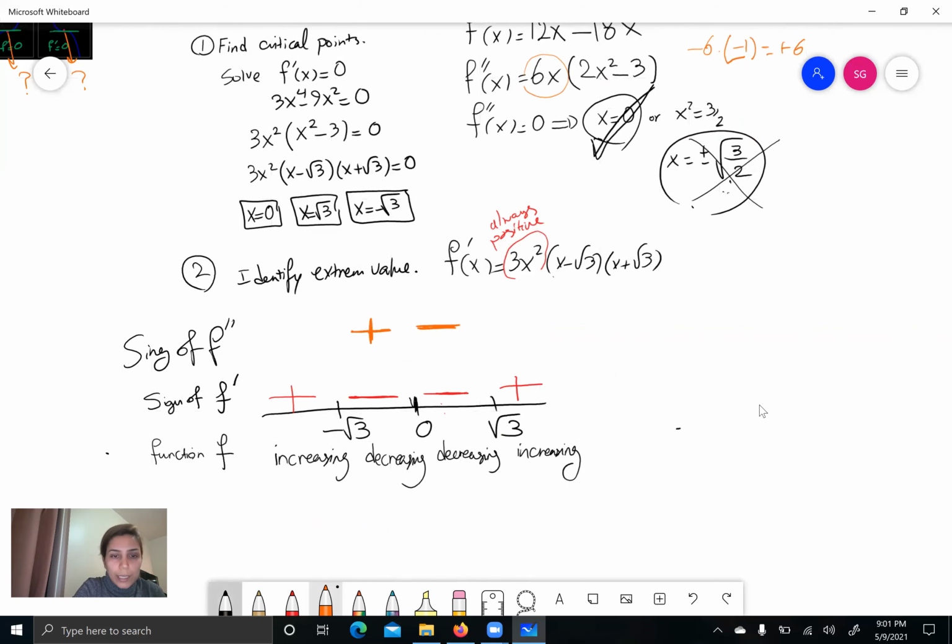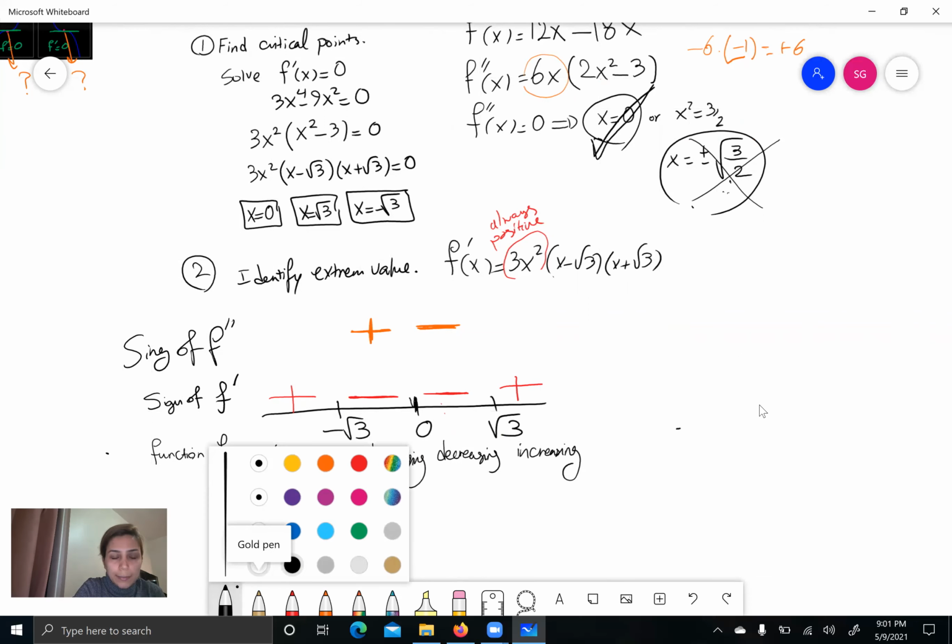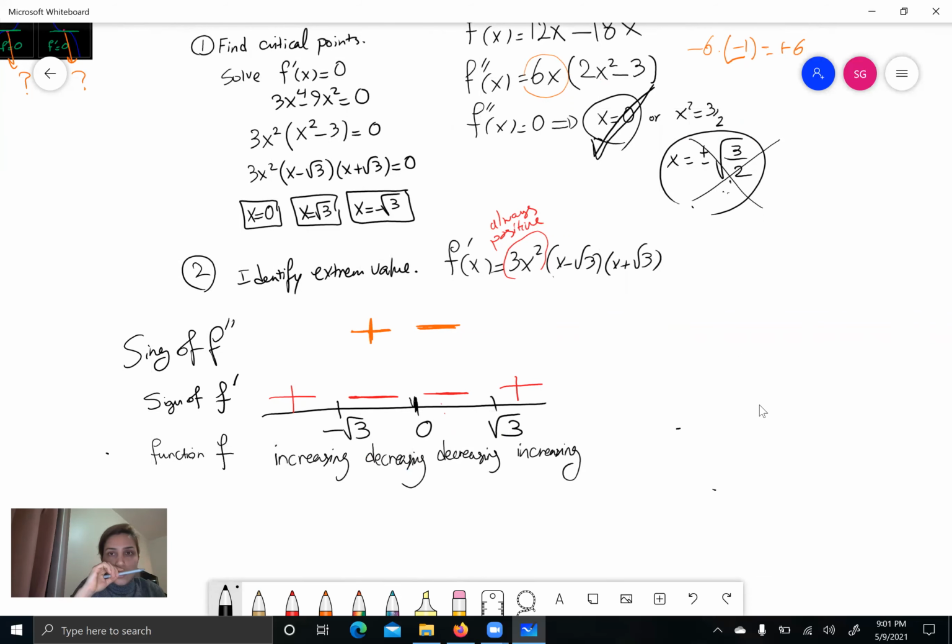Okay, now we determined that. Now let's put this together. We can go further, by the way. Let's try some more values, because I also want to determine the concavity.